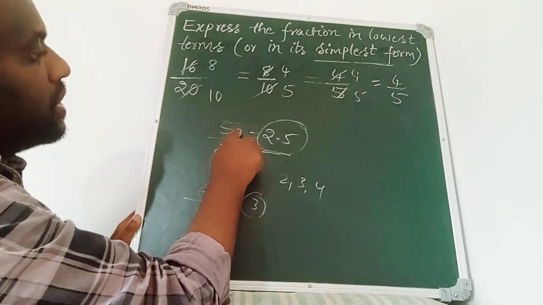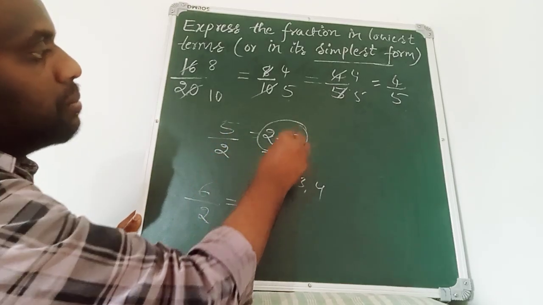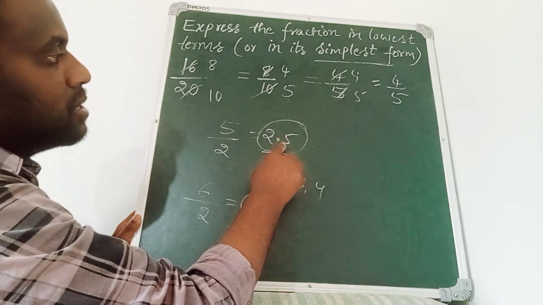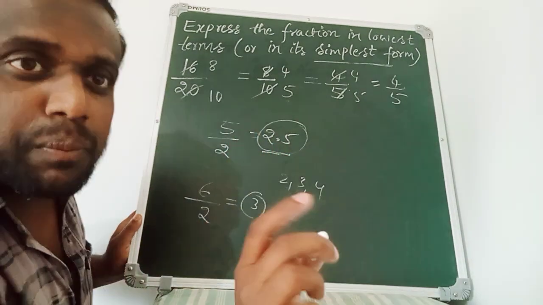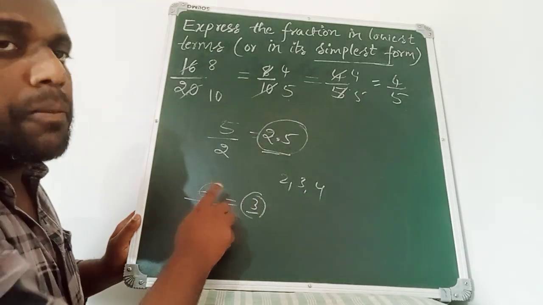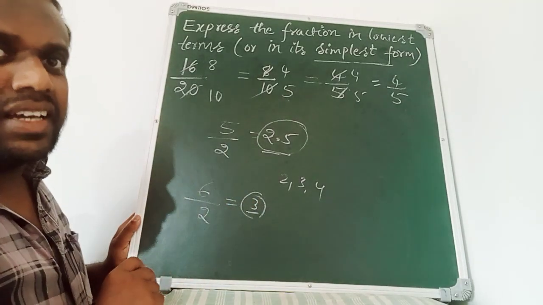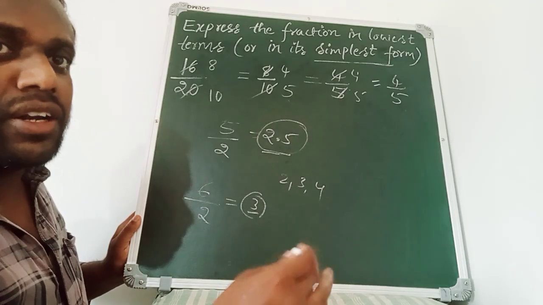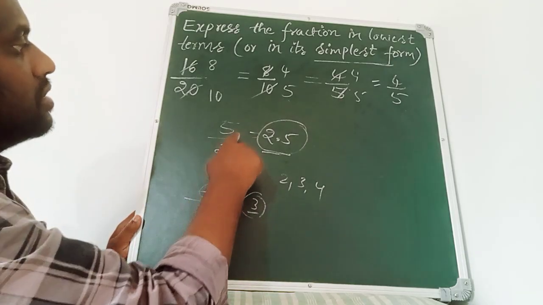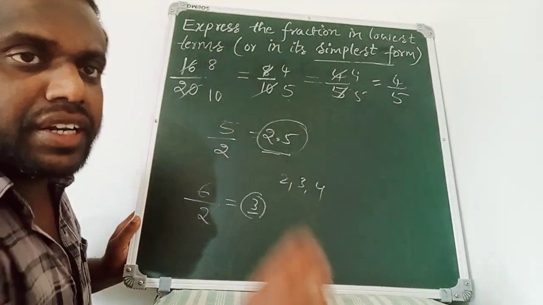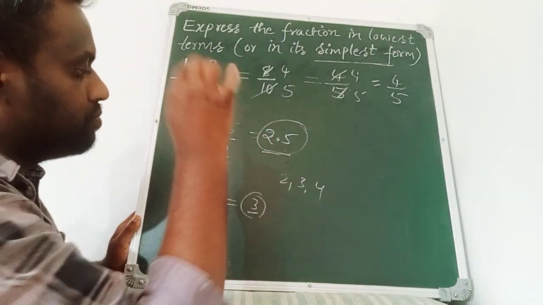But when you divide this 5 by 2, you get the decimal number 2.5. If you get a decimal number, this 5 is not completely divisible by 2. When you get a whole number, this 6 is completely divisible. You understood completely divisible. What is the meaning of completely divisible and not completely divisible? This is an example for not completely divisible. This 5 is not completely divisible by 2.